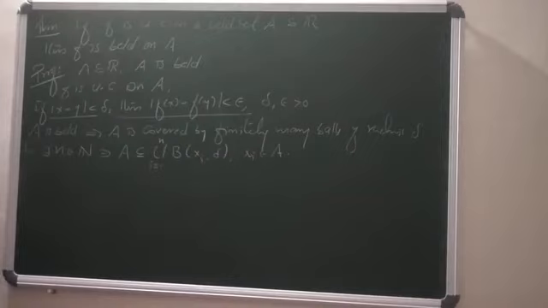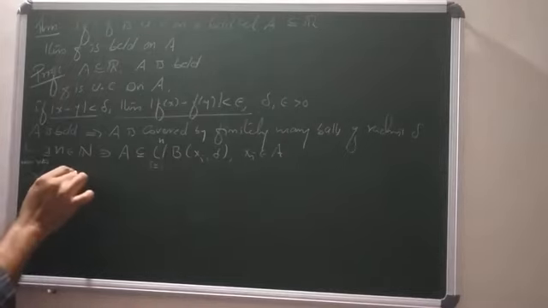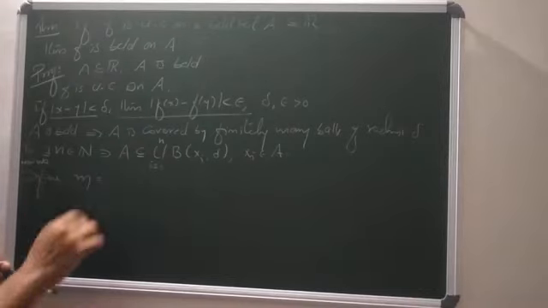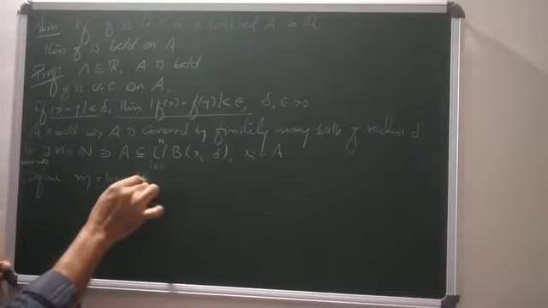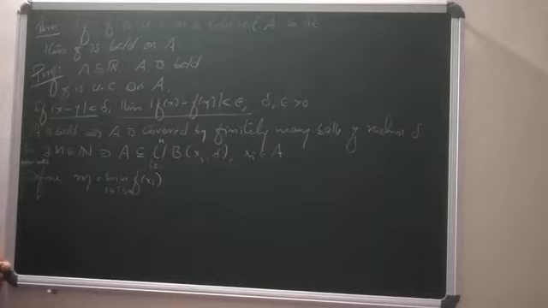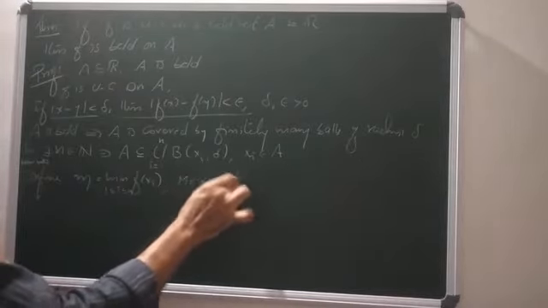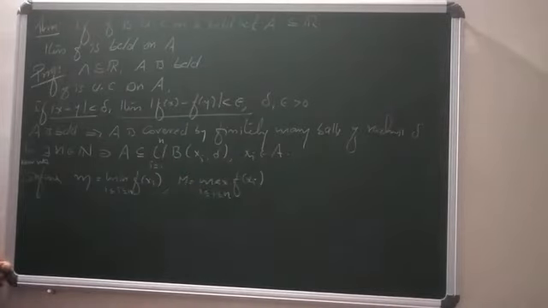Okay. Now we define small m equals the minimum of f of x_i, where i ranges from 1 to n, and capital M equals the maximum of f of x_i, where i ranges from 1 to n.